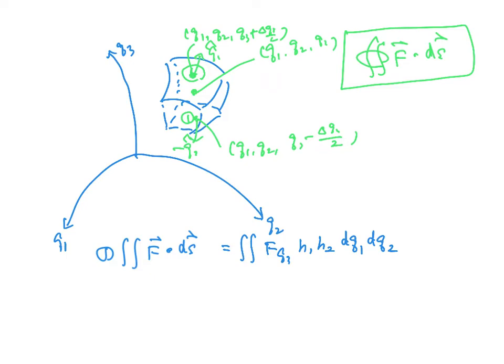And if you do the mean value theorem, it can be represented as, I'm going to write down this way, F Q3, H1, H2, Q1, Q2, Q3 minus delta Q3 over 2. And of course, this normal direction is minus, so you have to put minus 1 here.